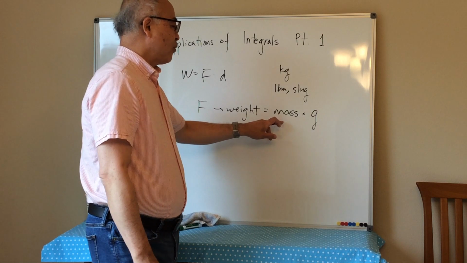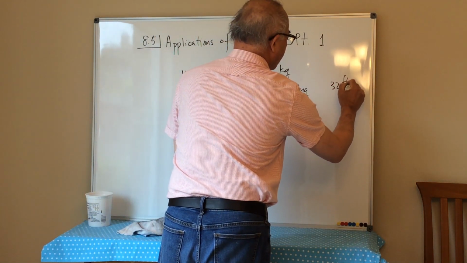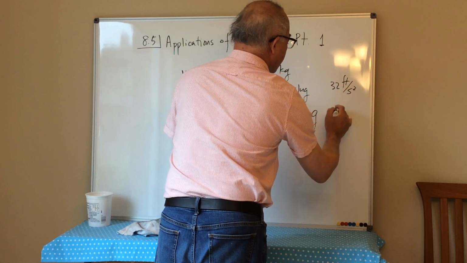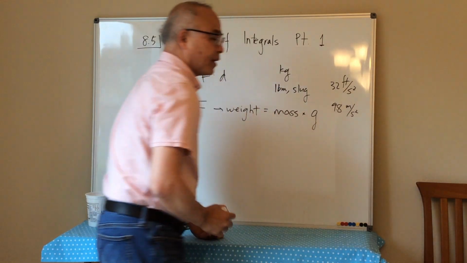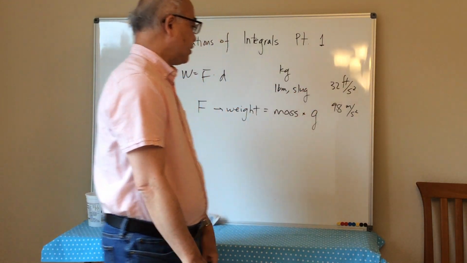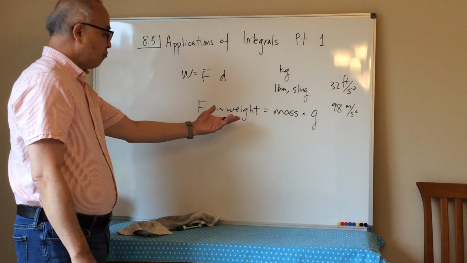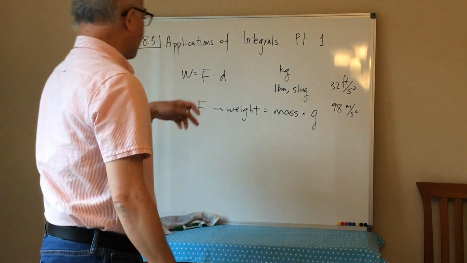Whereas the gravitational constant is going to be 32 feet per second squared, or 9.8 meters per second squared, depending on whether you're using the British units or the SI units. So that's weight, and force is this.